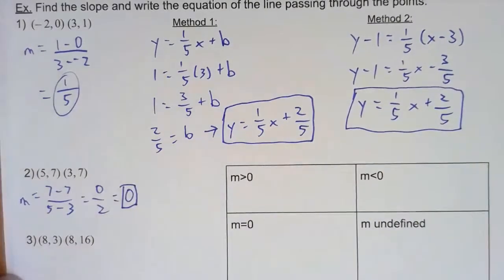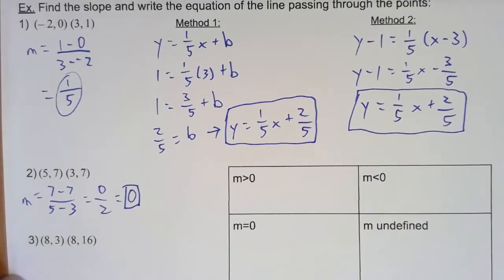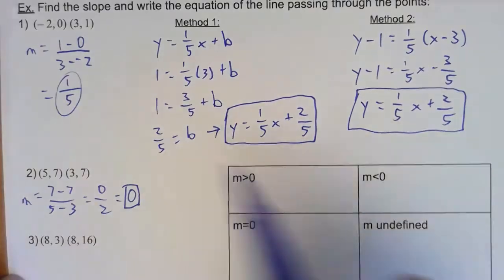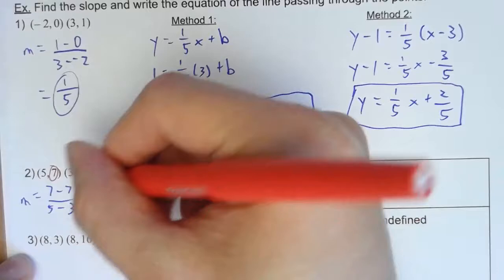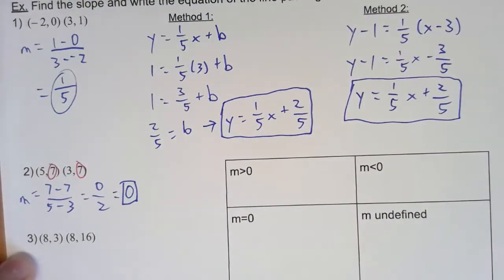And that means that we've got a special type of line here. It's either vertical or horizontal. Well, if you take a look, we've got a consistent y. The y coordinate is the same.